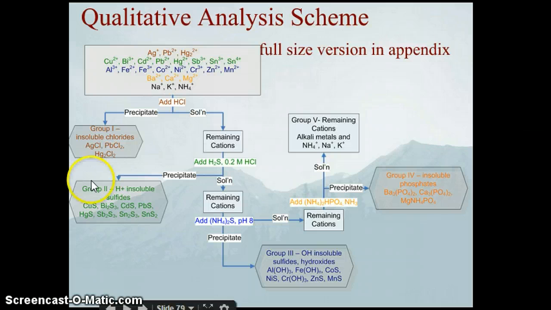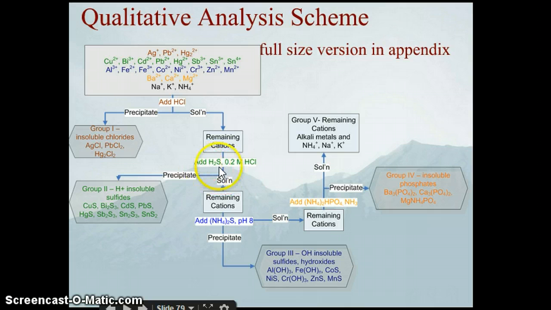If I get a precipitate, all I can conclude is that I have at least one of those. Also, if I add my HCl and I get no precipitate, then I can conclusively say that I don't have any of those. If I do get a precipitate, I filter it off, just run it through some filter paper, and then I take my remaining solution, and we still have groups 2 through 5 to determine whether or not we have in our solution.